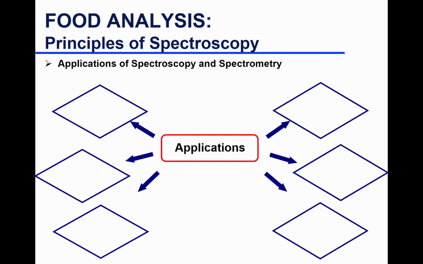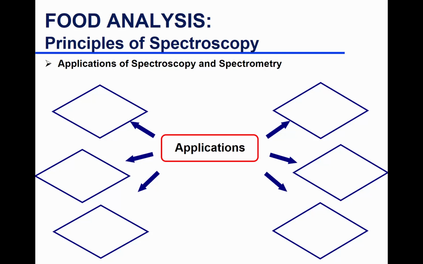So what types of application do you think we can use spectroscopy and spectrometry for? What types of application in food analysis? Lauren? Quantification. One of it is determining mineral content. Yes, quantification. What else?